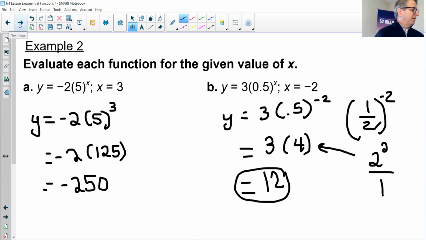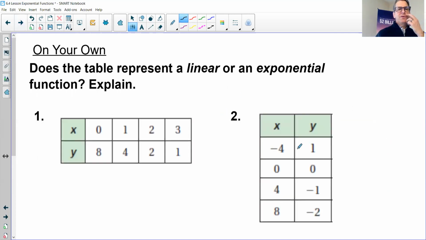Okay, on your own, examples 1 and 2. Does the table represent a linear or a nonlinear or an exponential function? Explain. So number 1 is x goes up from 0 to 1.